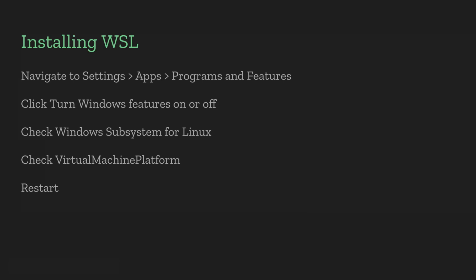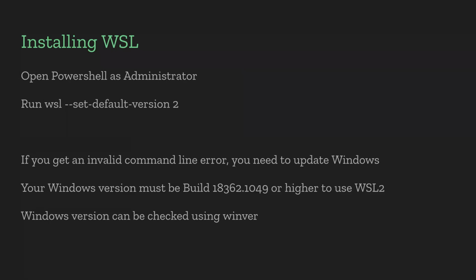So if you're going to install WSL, you would do this, and then you would follow these instructions as well to enable WSL2, which I was talking about earlier. WSL1 is fairly incompatible with a lot of Linux programs, so you want to make sure that you enable WSL2.